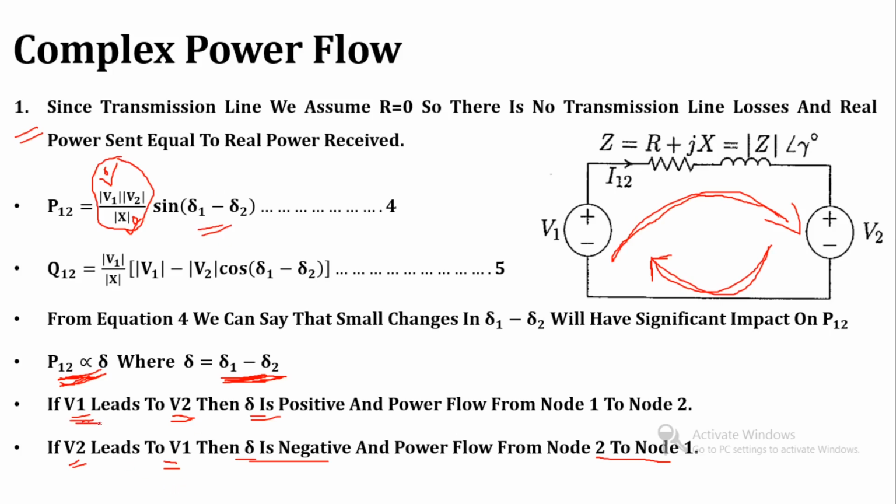If V1 leads V2 and delta is positive, power will flow from node 1 to node 2, that means in this direction, and if V2 leads V1, in that case delta is negative and power flows from node 2 to node 1.